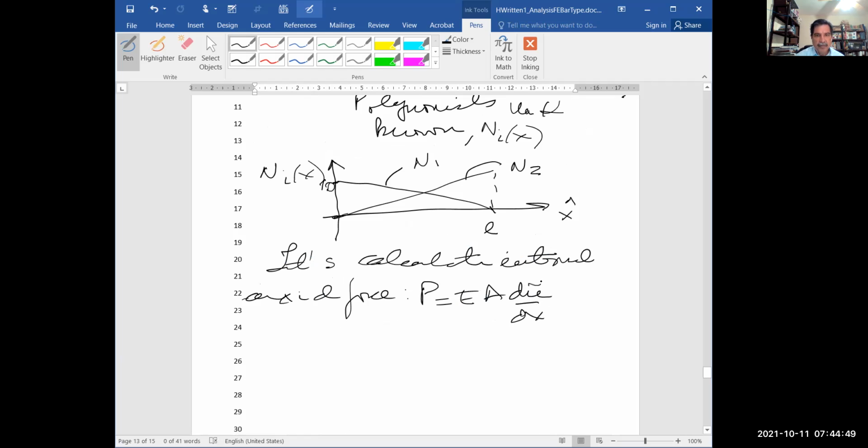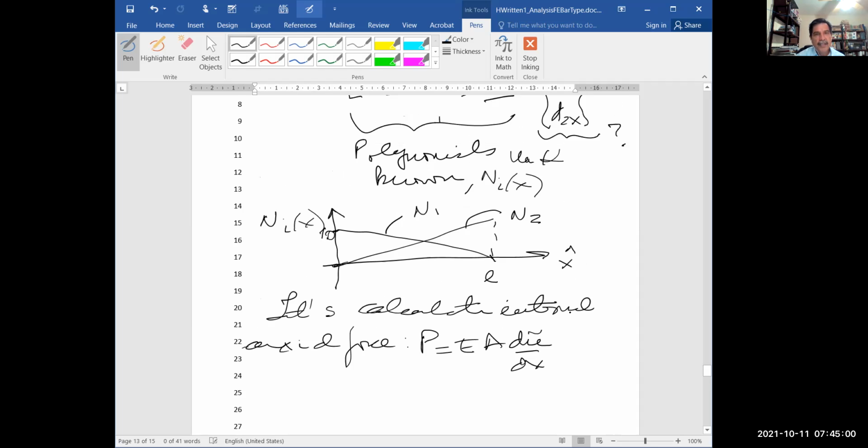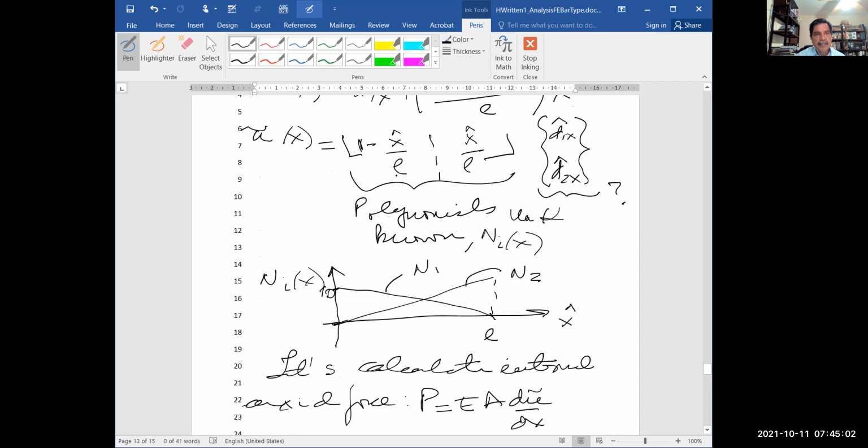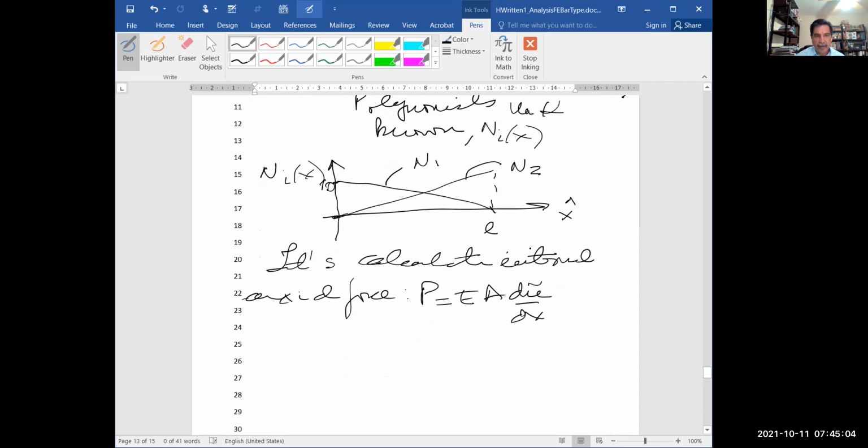Now, this is an approximation, and in the local reference system, we're considering only one single element in the x direction. So differentiate this, and we can say that du dx is equal to epsilon x.